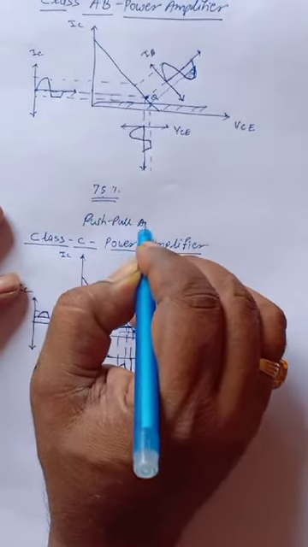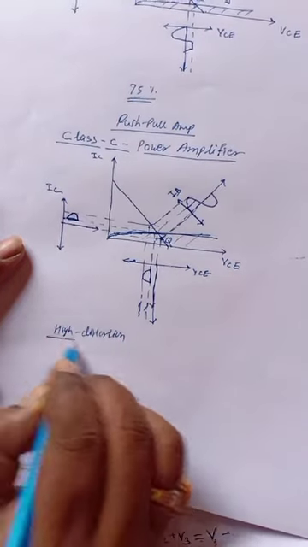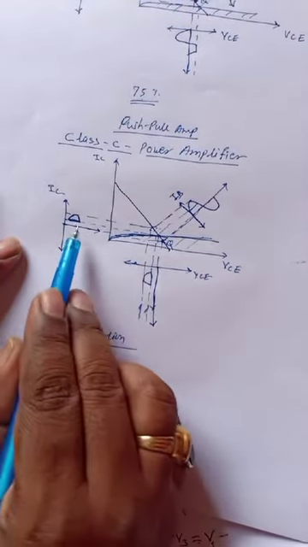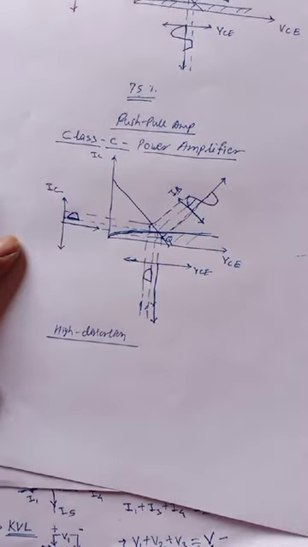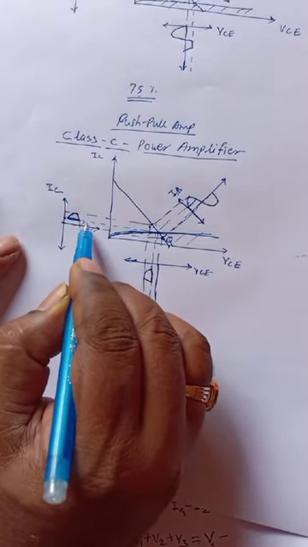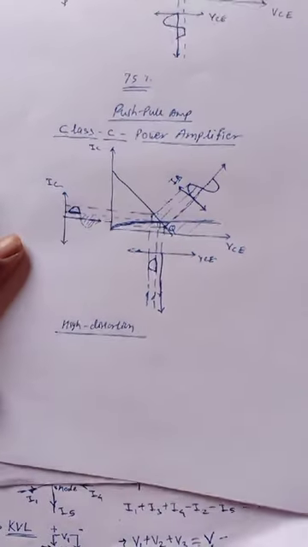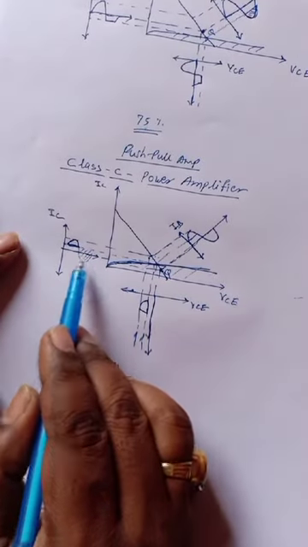So there is very little amplification. It has high distortion, because only less than half cycle is amplified. The remaining half cycle goes totally out of the picture, so there is no amplification for it.